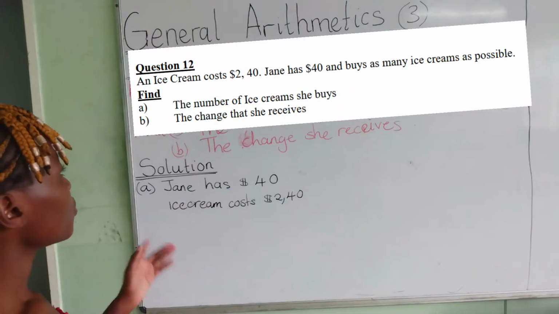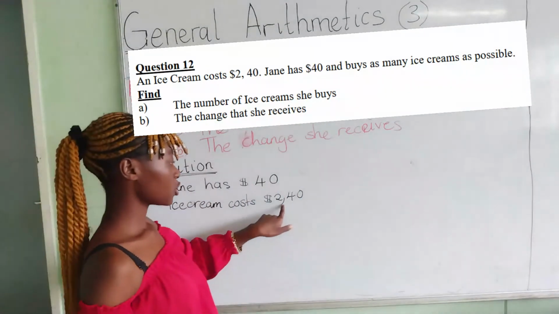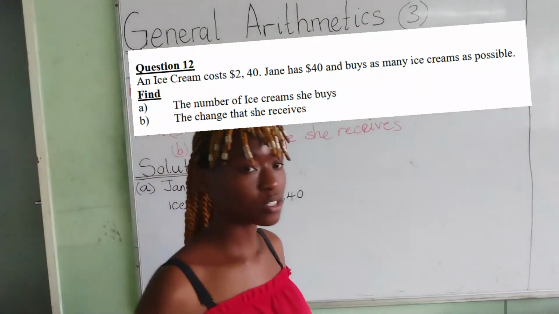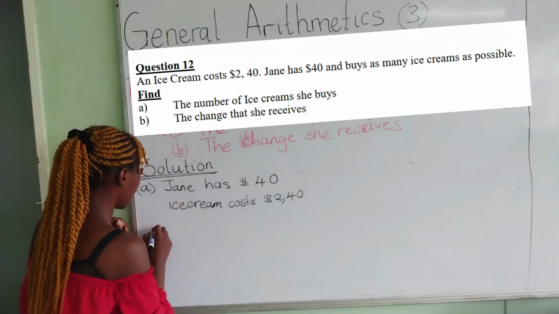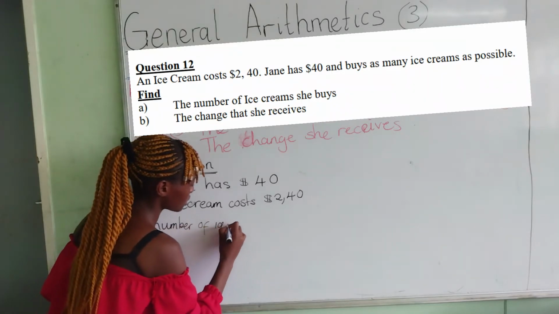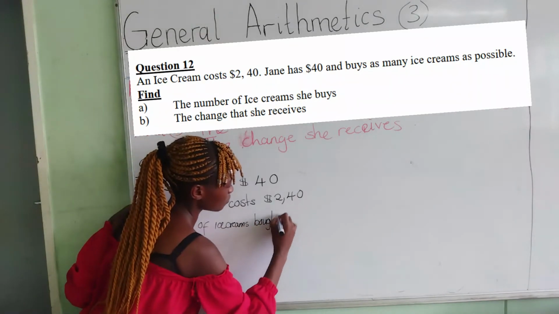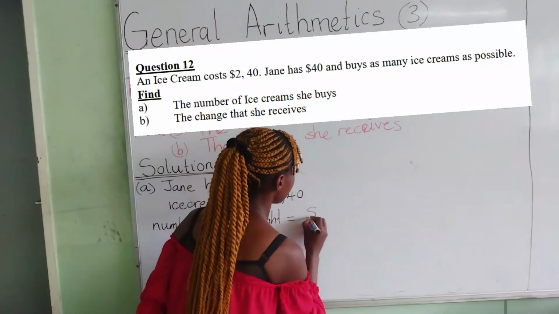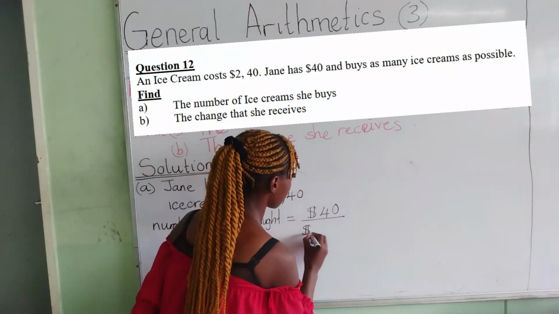Now to calculate the number of ice creams she bought, we have to divide $40 into $40 so that you can see how many ice creams she bought. So the number of ice creams bought is equal to $40 divided by $40.